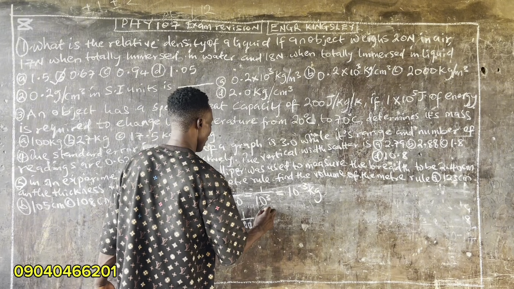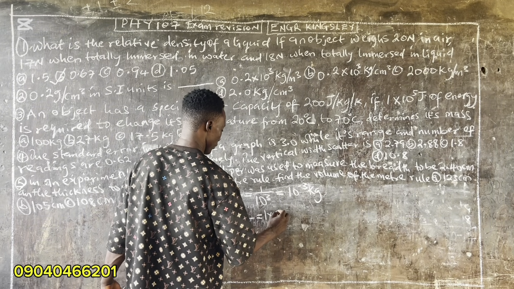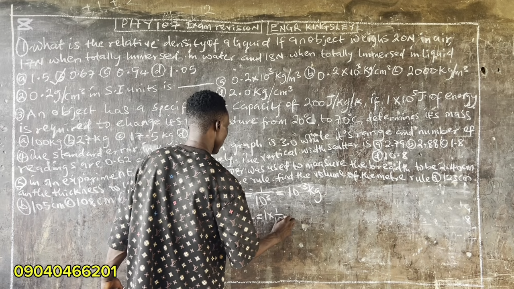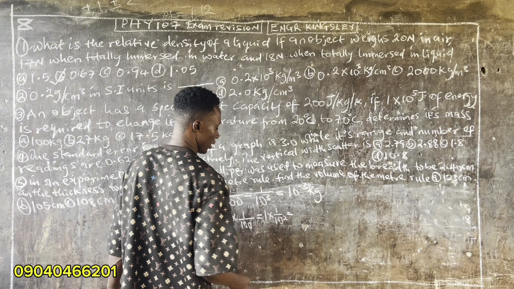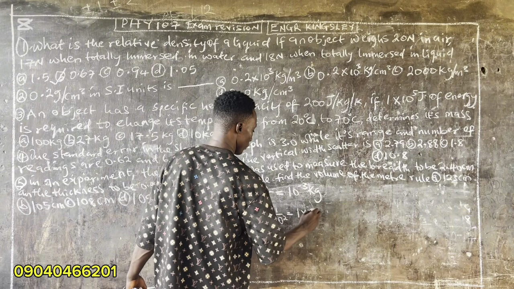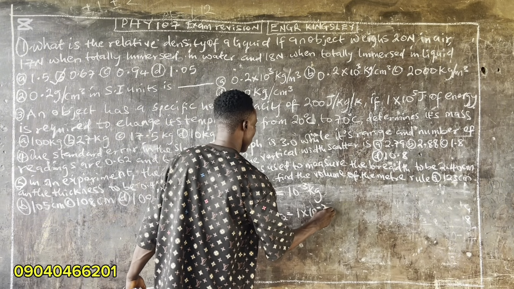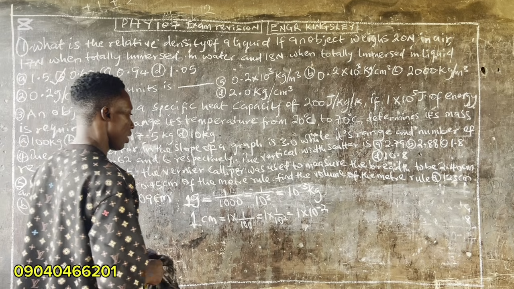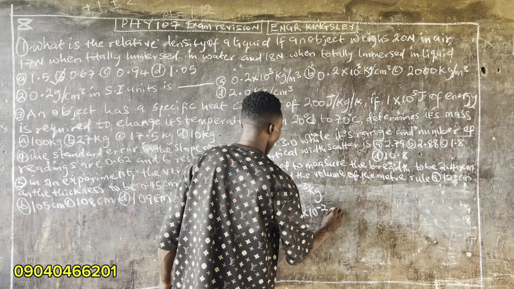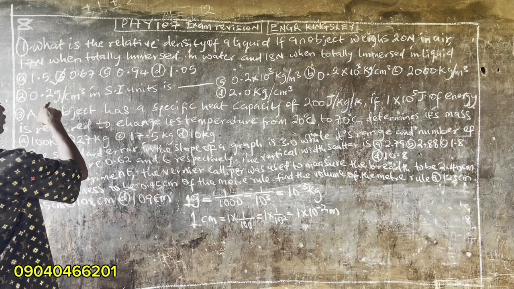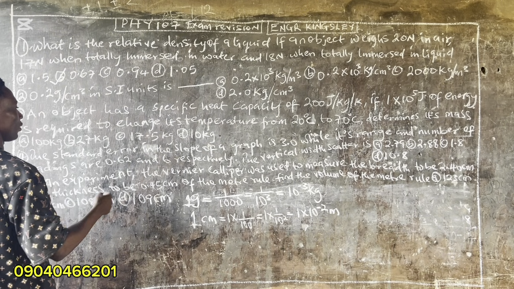Or similarly, you have 1 times 1 all over 10 squared, because 100 is 10 times 10, that is 10 squared, which is still equivalent to 1 times 10 raised to the power minus 2. Remember that this is in meters. But if you observe in the question, this one is just gram, that's why it's in kilogram there.